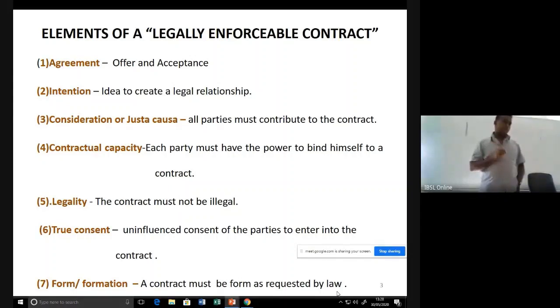Then the sixth one, true consent. Seventh element is form or formation. Those are the 7 elements of a legally enforceable contract.